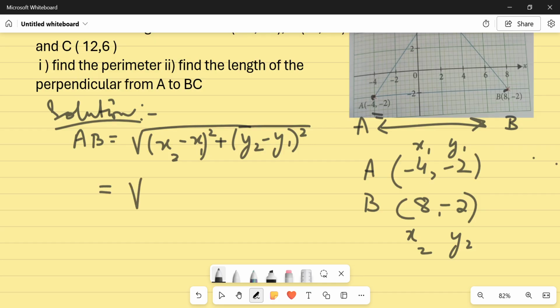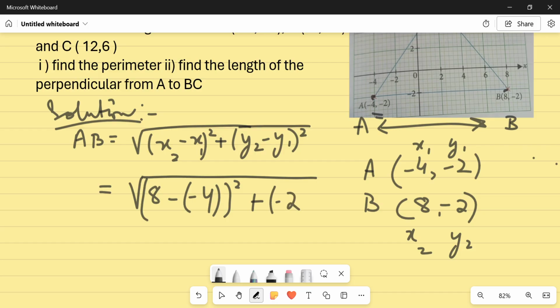So x2 here is 8 minus x1, which is -4, the whole square, plus y2, which is -2, minus y1, which is also -2, the whole square.